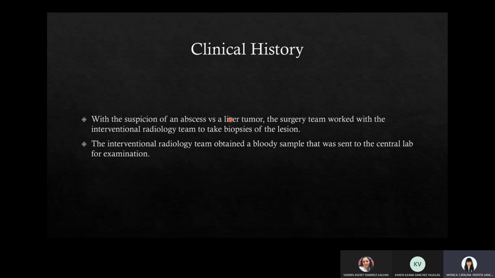So with the suspicion of an abscess or a liver tumor, the surgery team worked with the interventional radiology team to take biopsies of the lesion, and the interventional radiology team obtained a blood sample that was sent to the central lab for examination.